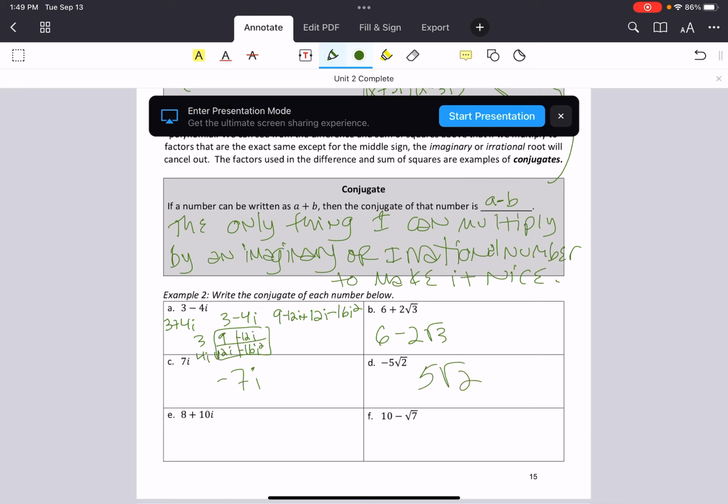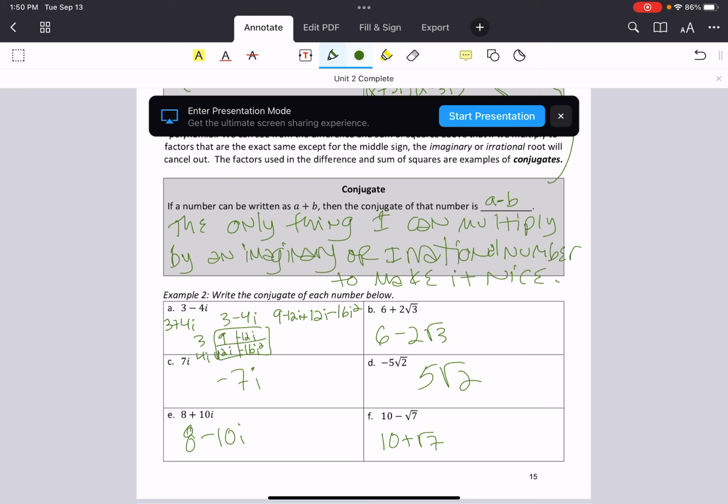Perfect. Okay. How about phone pocket number 16, Jace? 8 minus 10. Perfect. And then phone pocket number 33, Elise? I got 10 minus square root 7. 10, no, plus. There we go. I know it's scary when I call on you randomly. Perfect. Okay, good.